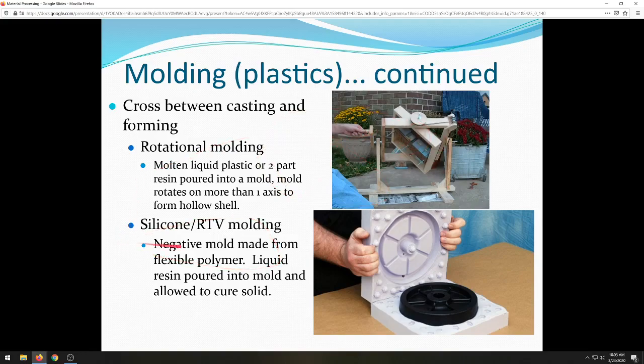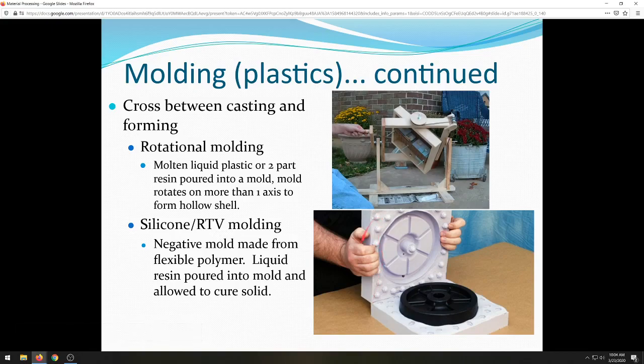And silicone or RTV molding, this is where you take a material that's also a cast product. You make a mold maybe out of clay or something to make a positive image, and then you cast the silicone, which is what this part is, the bottom and the top, or it could be plaster in some cases.